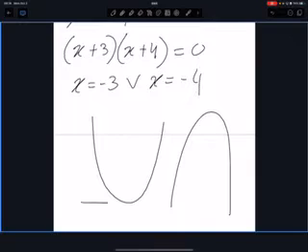That means this is a minimum, this is a maximum. The top, or the highest part of the equation, is called a maximum. The lowest part is called a minimum.